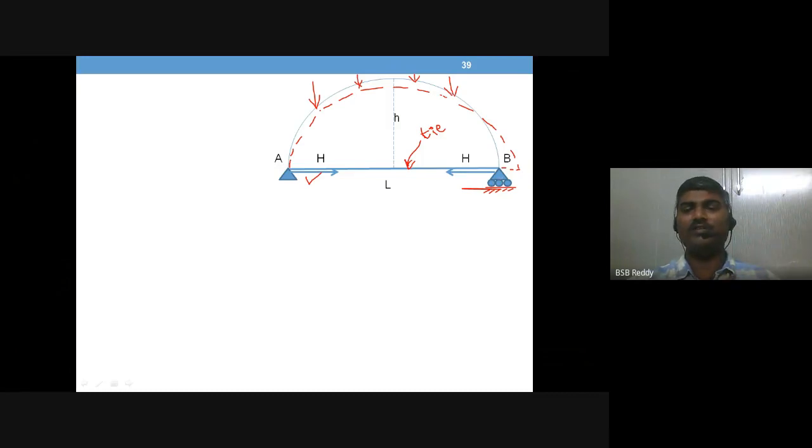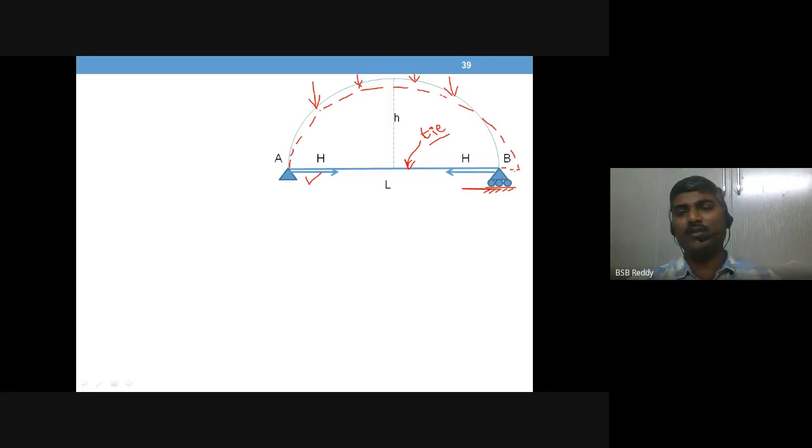If it is a hinge at A and a hinge at B, it is just a regular problem. Now when you provide a tie with a roller support, you can have the arch stability by providing a tie member. The stability is achieved through this tie member.